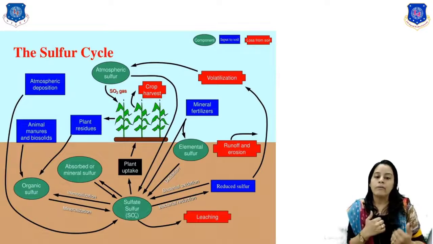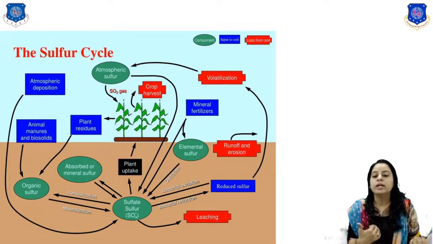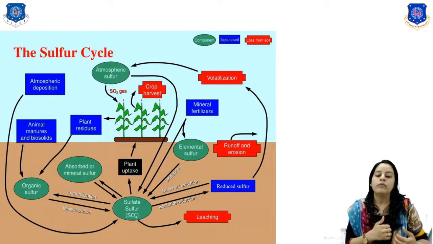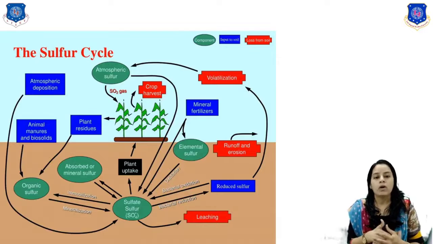Then after a long time, the decomposition process is completed, and some part of it is converted into sediment, right? So this sedimentary portion is again converted into metal sulfide, and the metal sulfide after the reduction process is again converted into hydrogen sulfide.